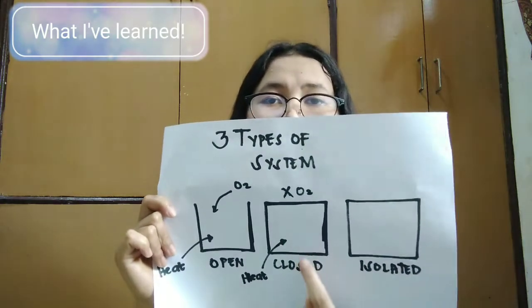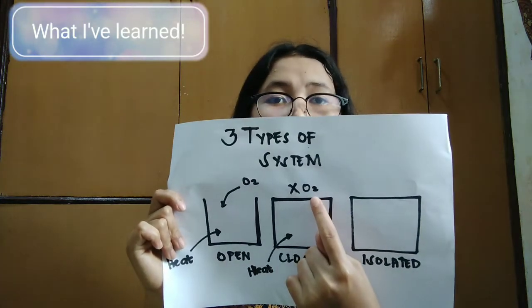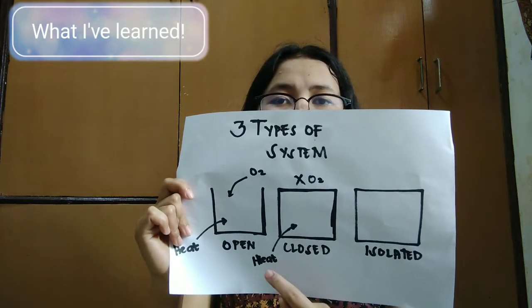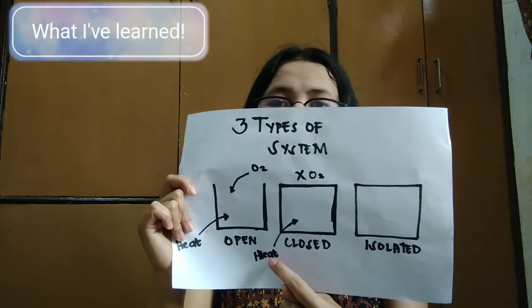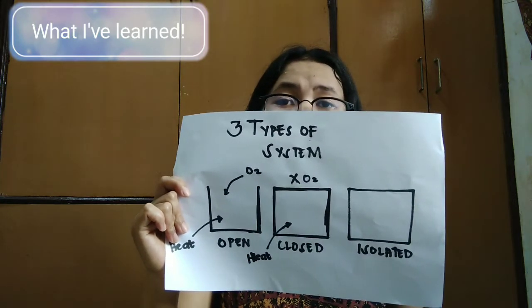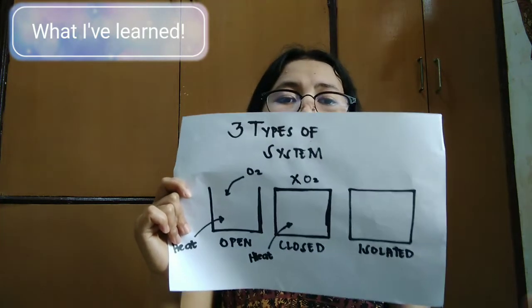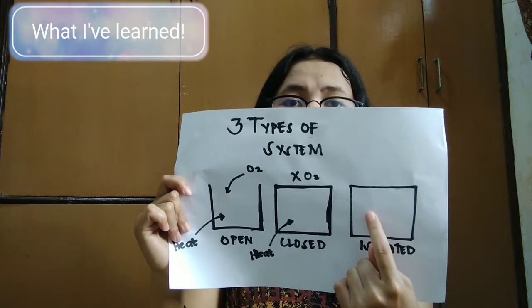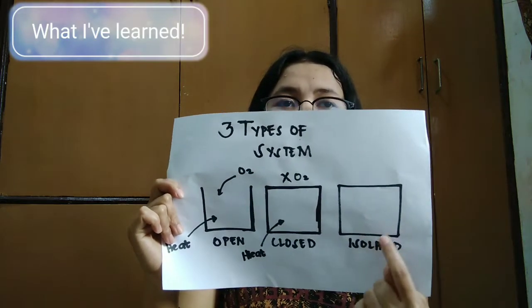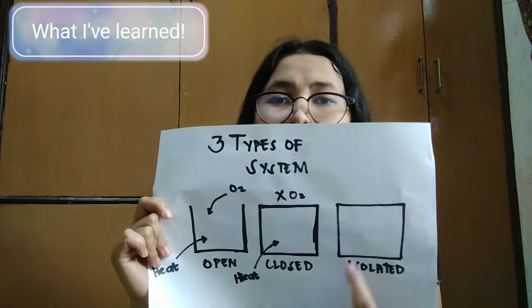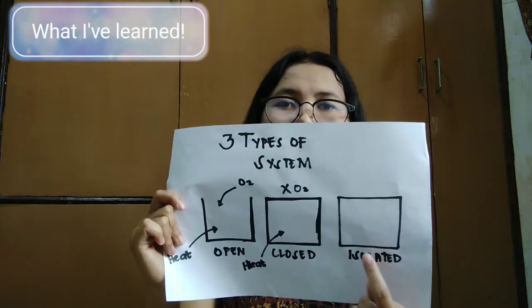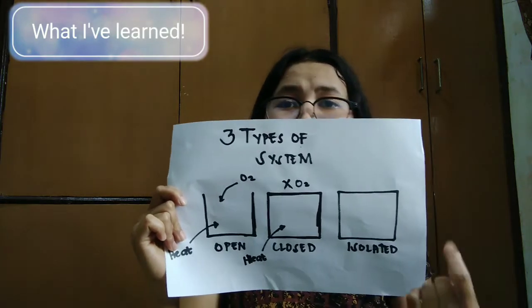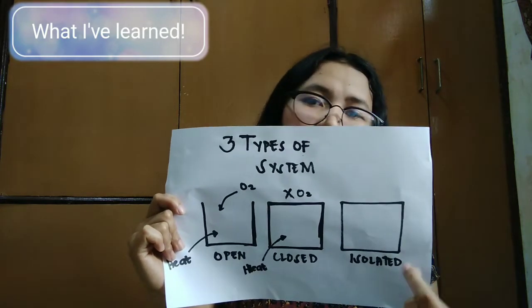In a closed system, matter cannot flow into it, so oxygen can't go inside. However, energy can still flow into a closed system. In an isolated system, neither matter nor energy can enter or leave. So the mass within an isolated system is fixed, and so is its energy, because no energy can flow into or out of it.